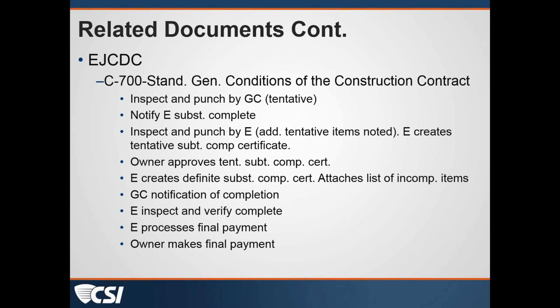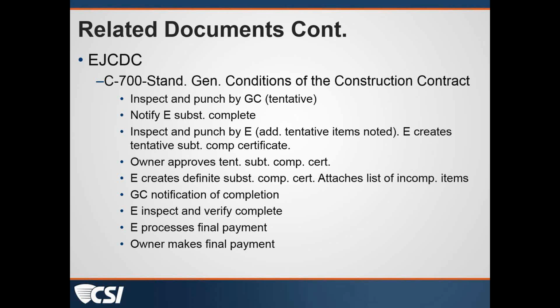The engineer inspects the project and then adds tentative items of theirs to the general contractor's punch list. And at this time, the engineer is able to establish a tentative substantial completion certificate, which here is where it varies from the AIA documents.